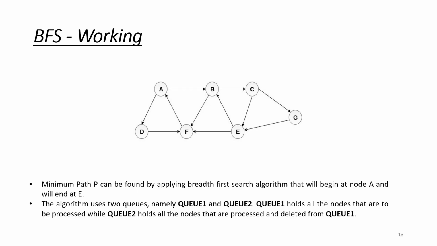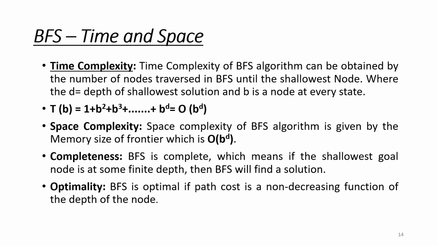How does it work? A queue is used to store the explored information, and each and every node is stored in it. Breadth first search handles the connectivity of the process. The main important thing here is the time and space complexity.